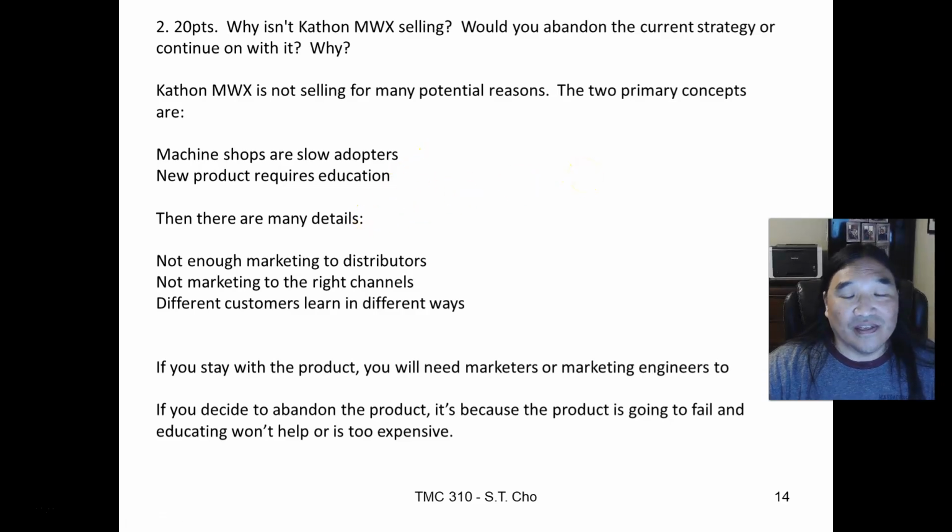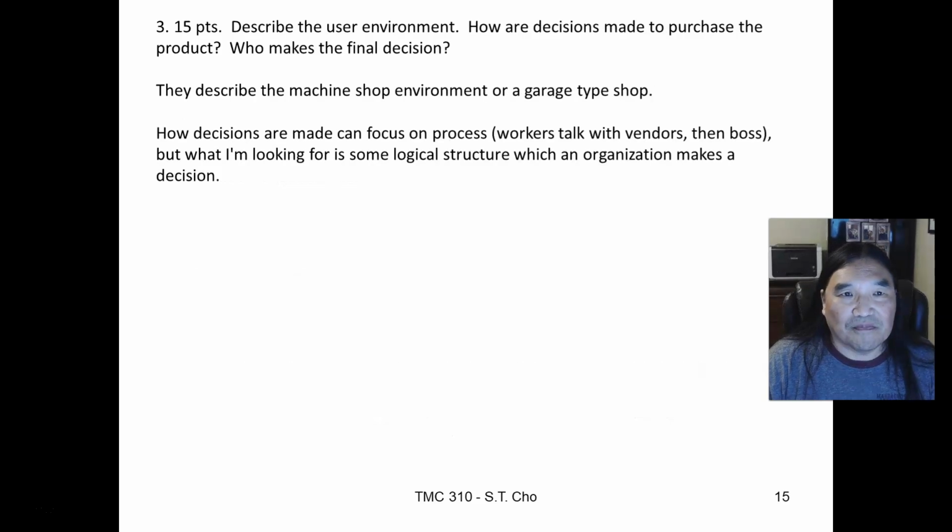Different customers learn in different ways. If you stay with the product, not only do you need marketers, but you need marketing engineers for them to understand it. And if you choose to abandon the product, then what I'm looking for is a justification that education probably isn't going to help, or it's going to be too expensive, too much risk for them.